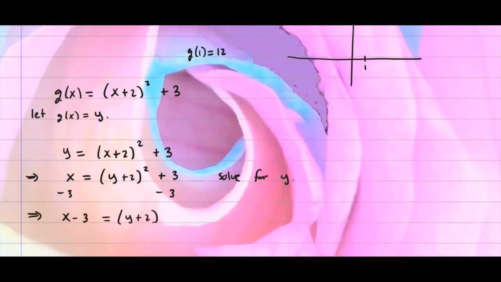(y plus 2) squared. And then we take the square root on both sides. Now you also have to remember, if you take a square root, you have to put plus and minus. So that'll be plus and minus the square root of x minus 3 equals the square root of (y plus 2) squared. And now these can cancel out. So that leaves us with plus and minus the square root of x minus 3 is equal to y plus 2.